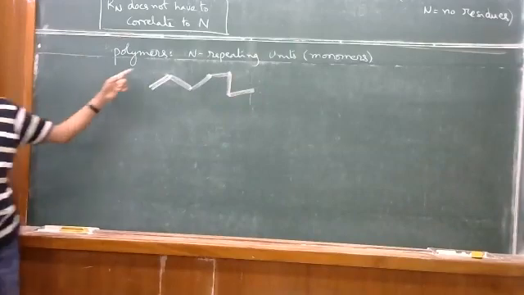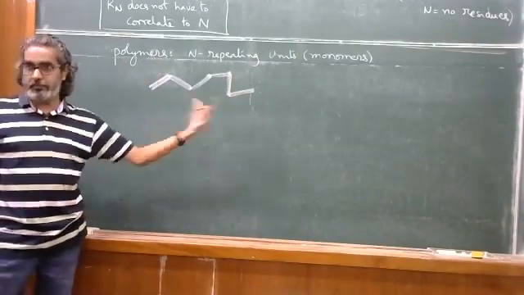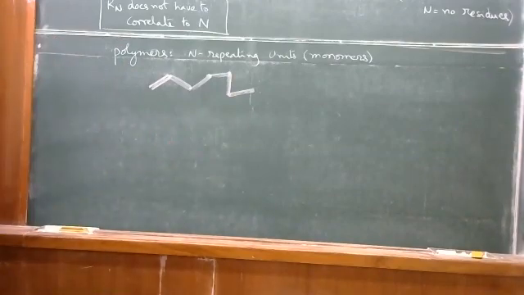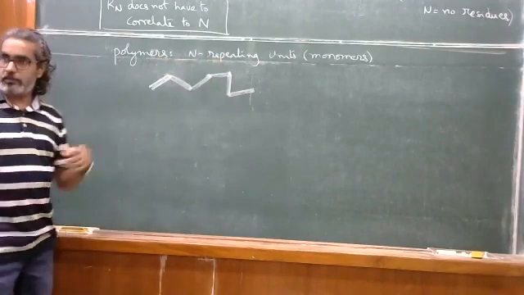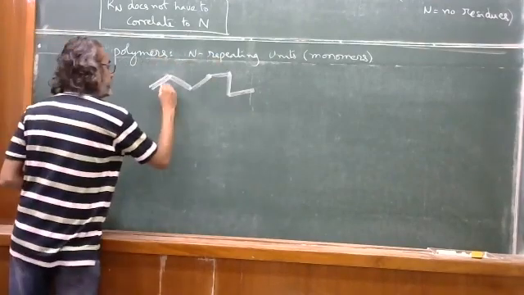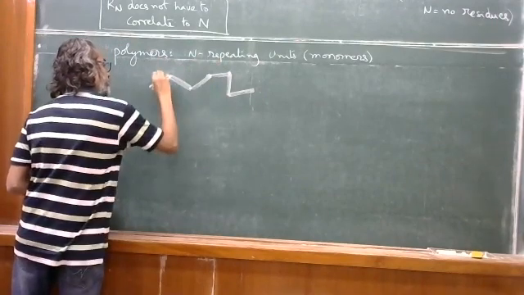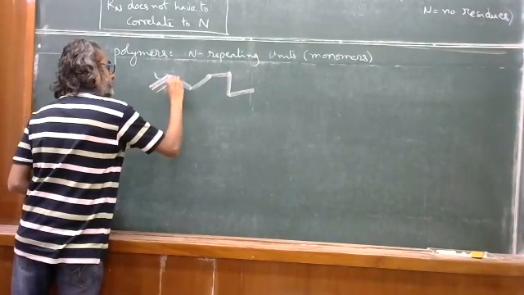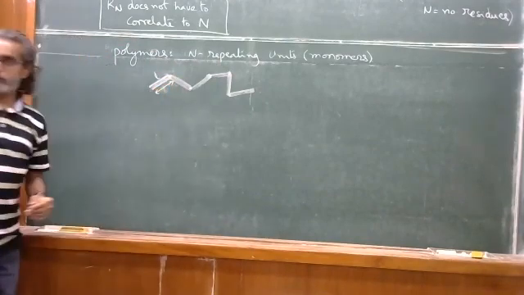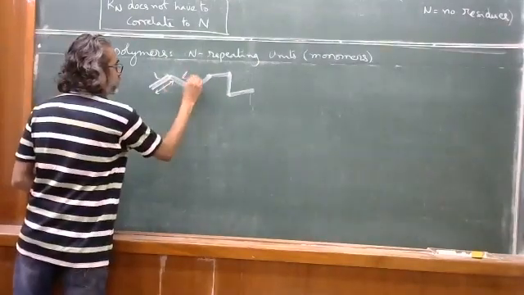And this is a homopolymer, meaning the same unit is repeating. So the properties of these units are identical. One of the properties we can think of is the size of the unit, that's small l. Each unit is identical, so the length is l.